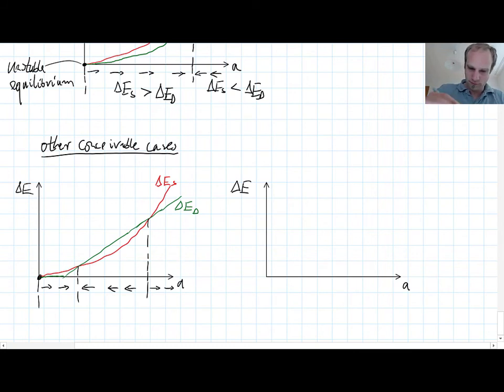And this would then be an unstable equilibrium. Equilibrium point still. This would be a stable limit cycle. And this needs to be an unstable limit cycle.